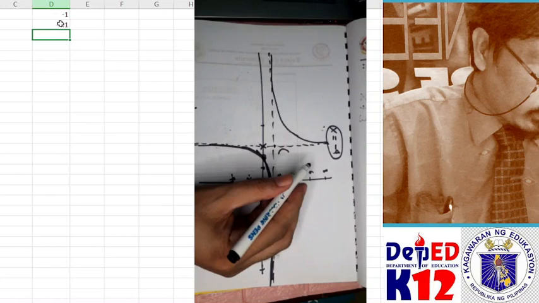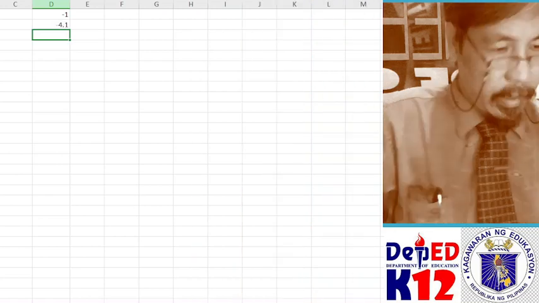Where are the zeros? Do we have a zero? Negative 3. So let us verify if there is a 0. Yes, we have a 0 at negative 3.